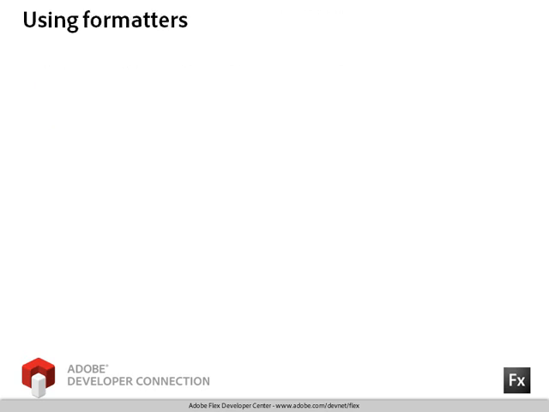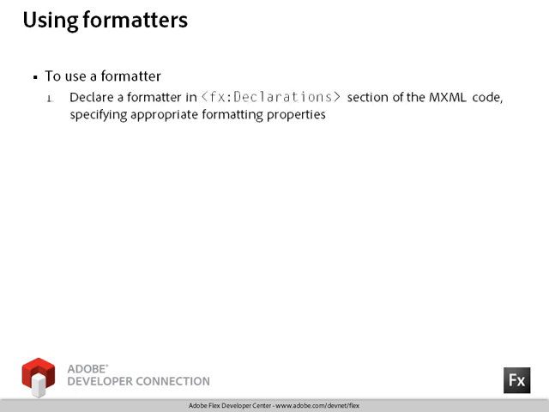While the formatter classes do affect the visual display of data, they are not actual visual objects themselves. Therefore, in order to create an instance of a formatter class, you must place it in the declarations code block where all non-visual elements are added. When you are ready to use the formatter, you will call its format method. All formatter subclasses have a format method.